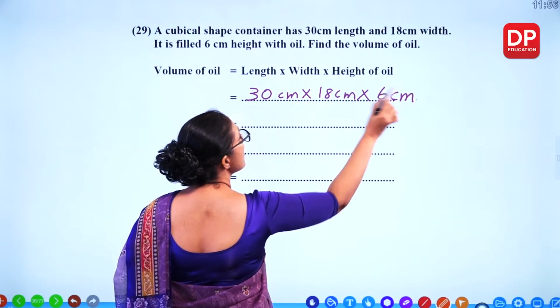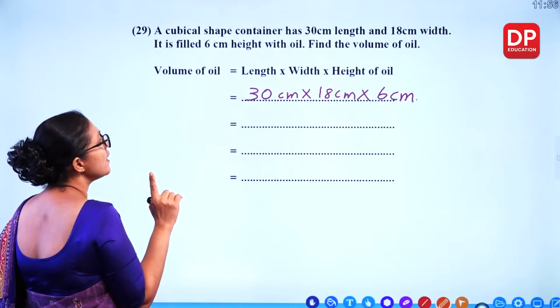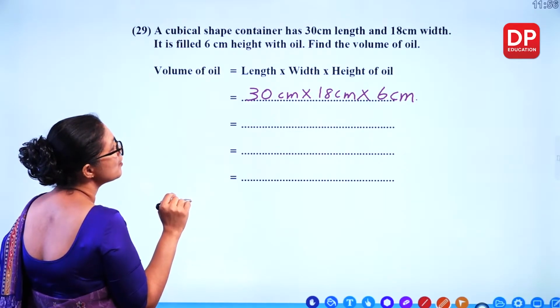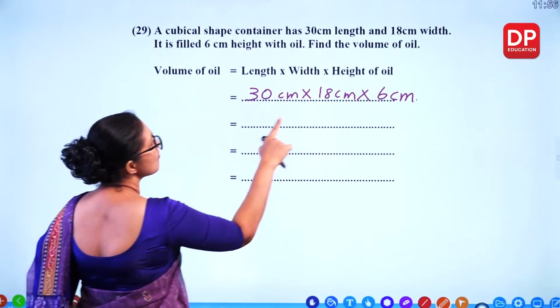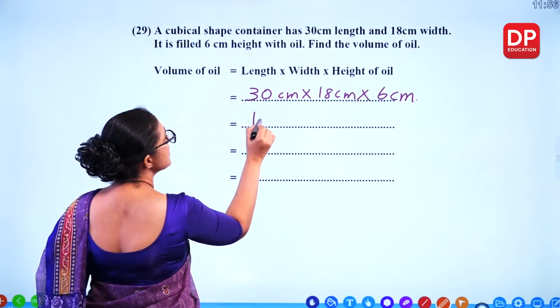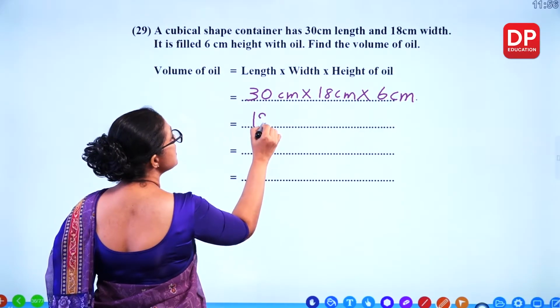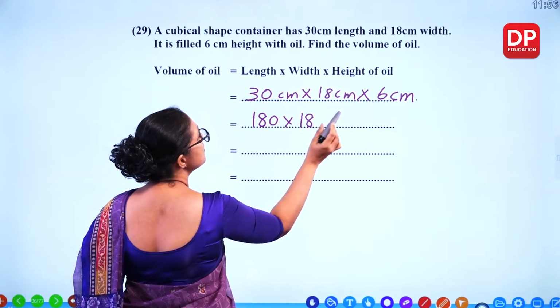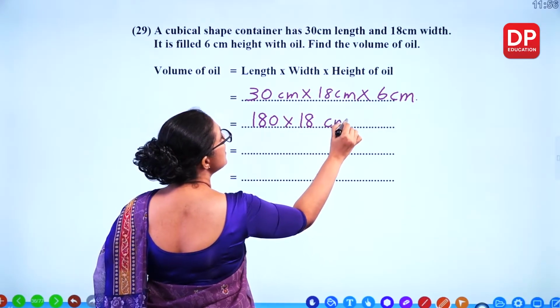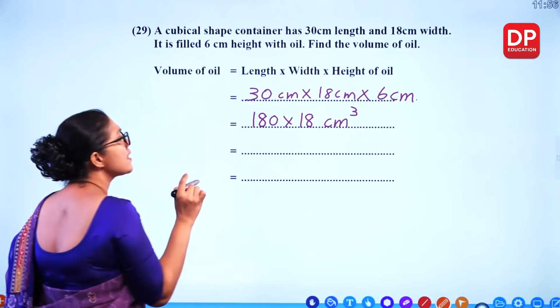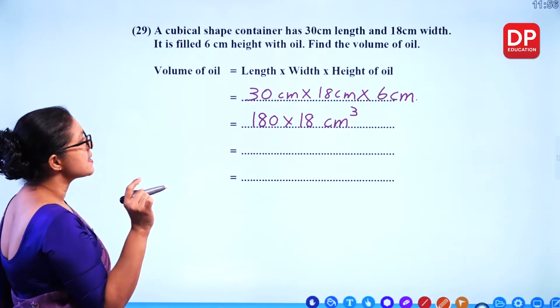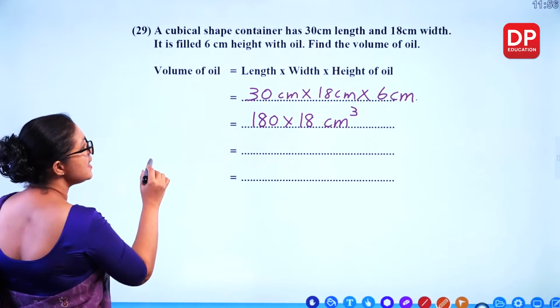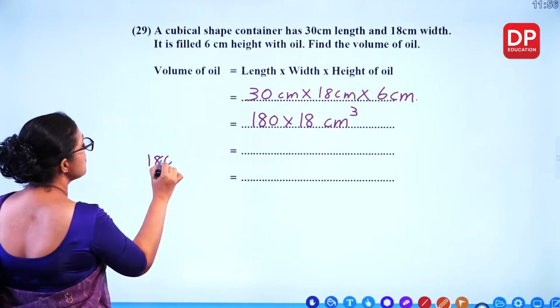So you can find out the volume of oil. So what we can do? 6 times 3, 18 and put a 0 and multiply by 18 again. 18 times 18. So this is cubic centimeters. So 180 times 18.